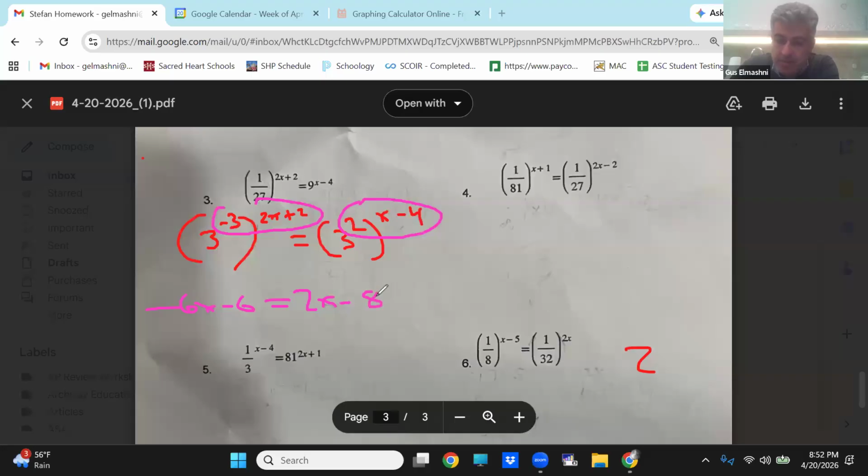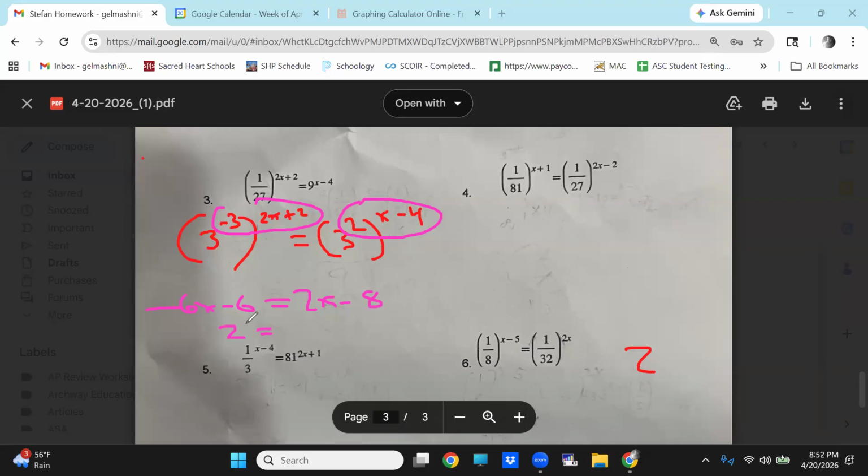Okay, keep going. And then you want to do plus 8, so that'll be positive 2 on the left. Then add 6x, that becomes 8x. What was x equal? x equals 1/4. Good.